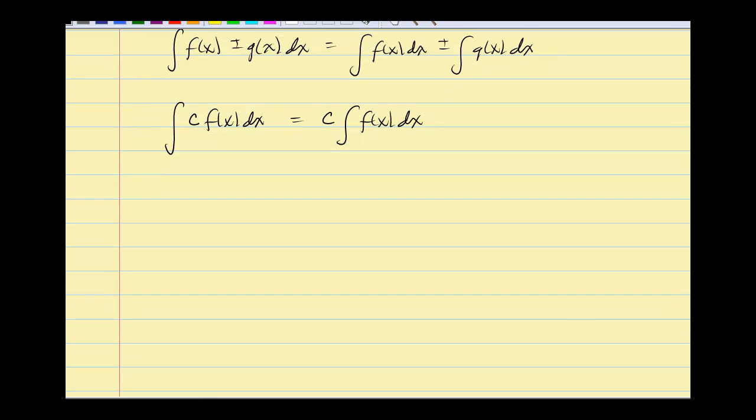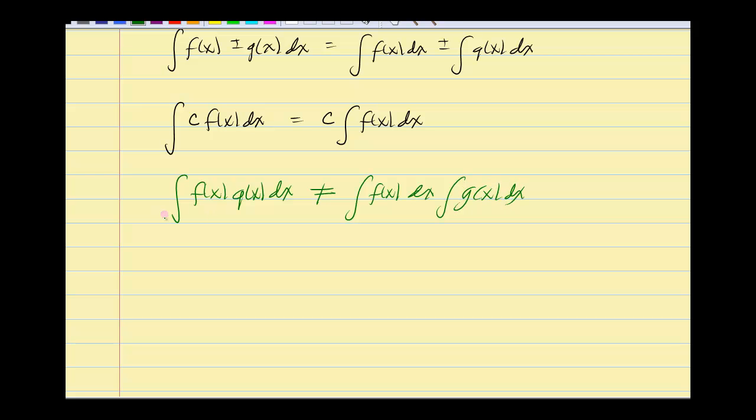There are another few rules. They don't bring them up right now in this section, but I'm going to bring them up because they're very important. What if we had the integral of a product? The integral of this product does not equal the integral of each individual product. So the integral of the product does not equal the product of the integrals. So this is not true.